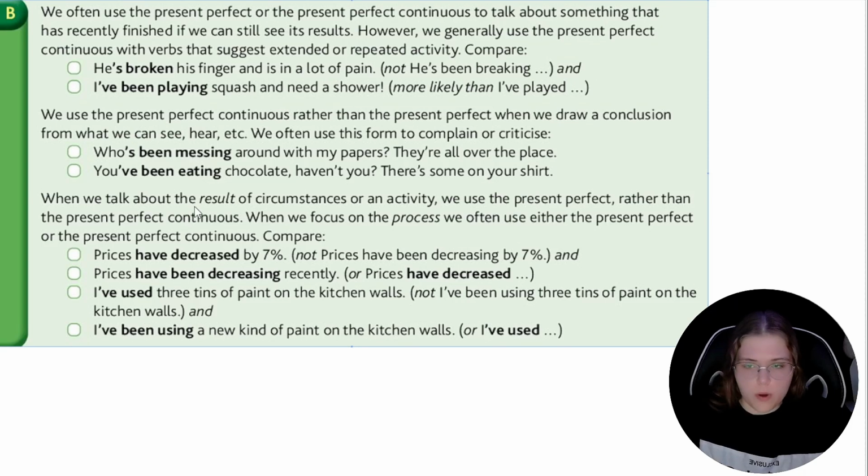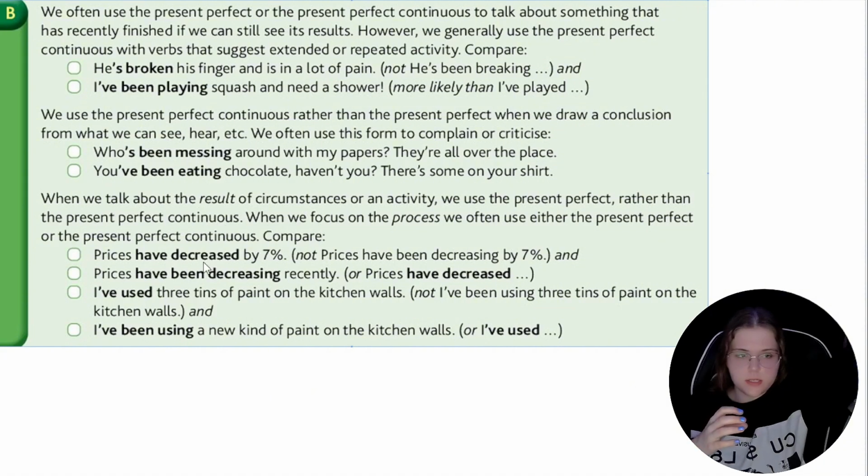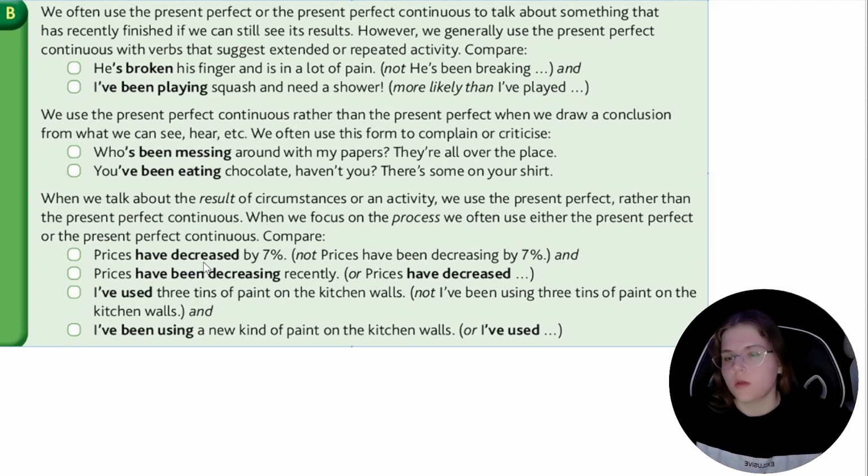When we talk about the result of circumstances or an activity, we use the present perfect rather than the present perfect continuous. When we focus on the process, we often use either the present perfect or the present perfect continuous. For example, prices have decreased by 7%, not prices have been decreasing by 7%, and prices have been decreasing recently.